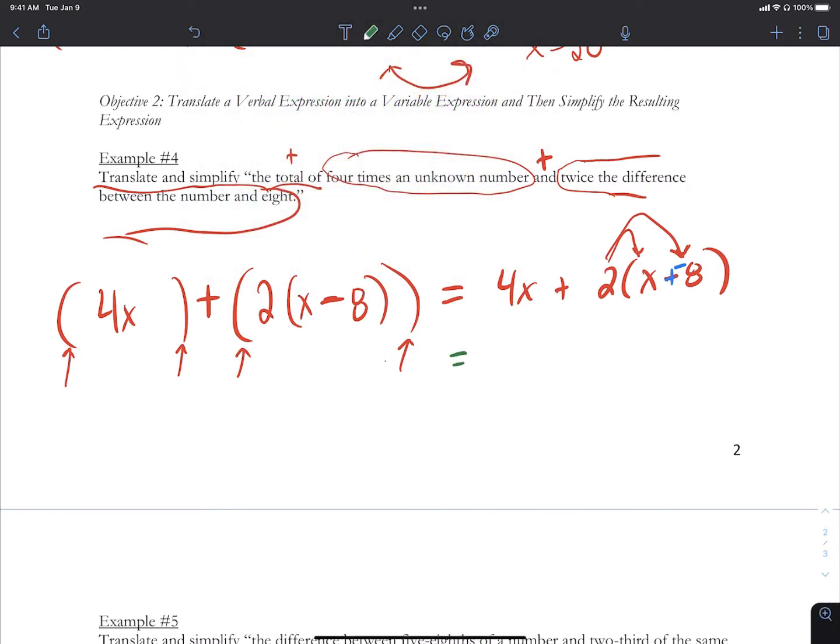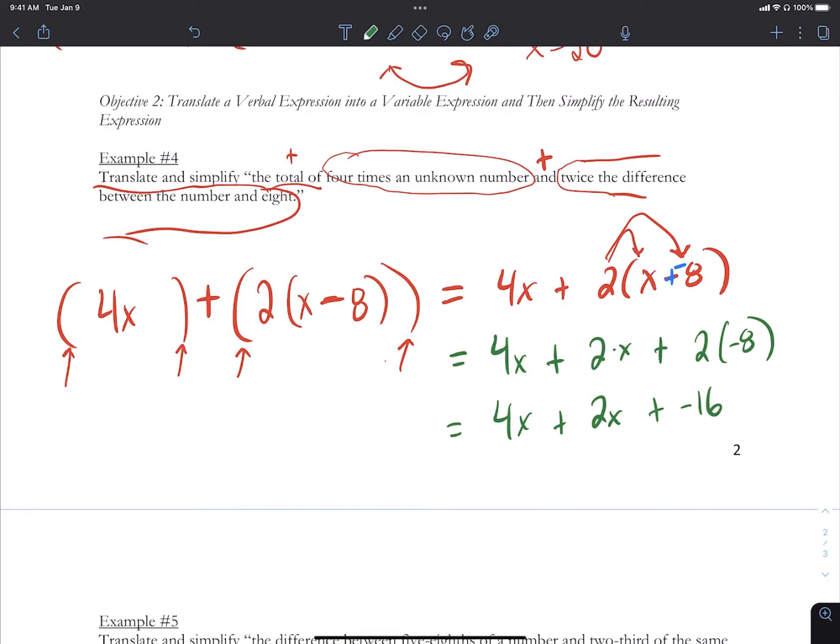So this would equal 4x plus, and then we would have 2 times x plus 2 times negative 8. Simplifying this, that would give me 4x plus 2x, and then plus 2 times negative 8 is negative 16.